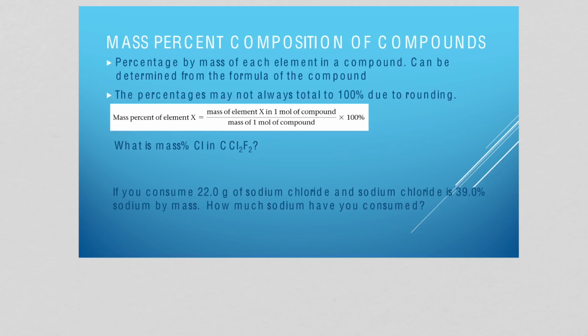Where we can express the percentage by mass of each element in a compound, understanding that this will be constant for any given compound because it'll always have the same formula, right? It'll always have the same number of each atom.